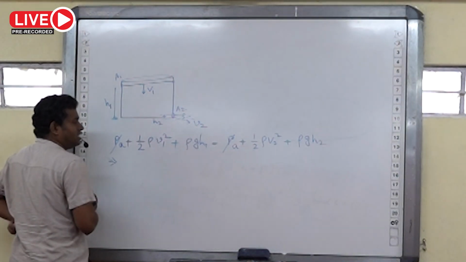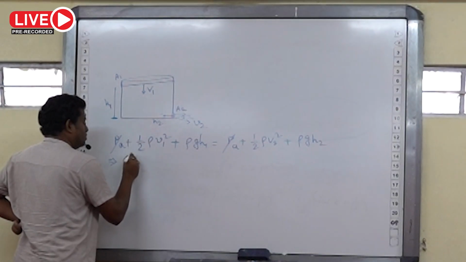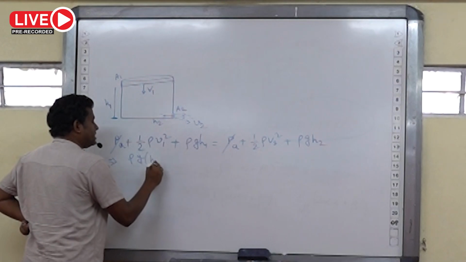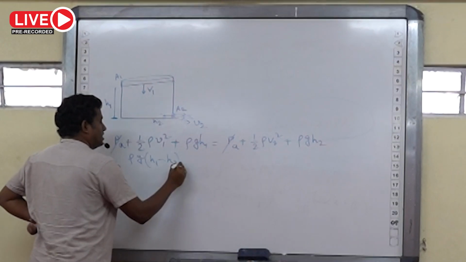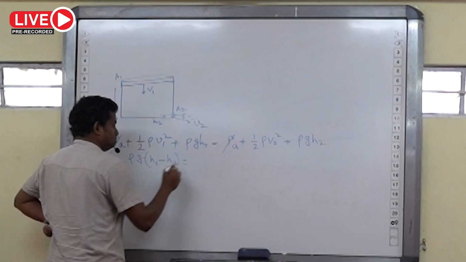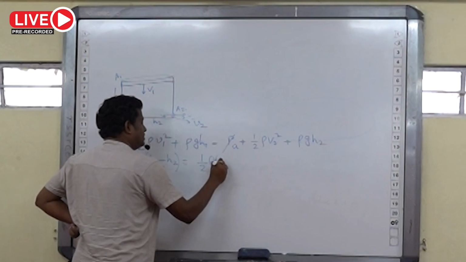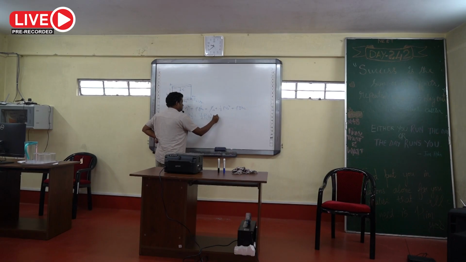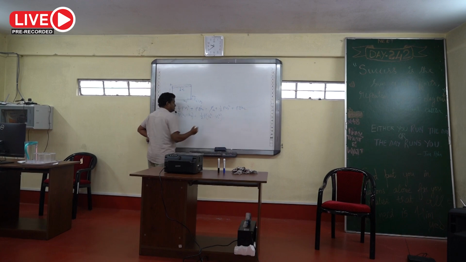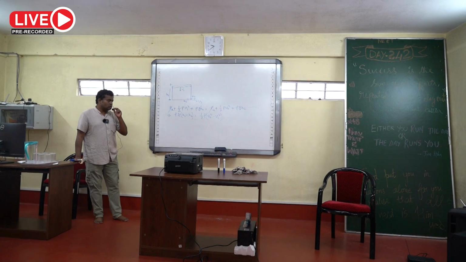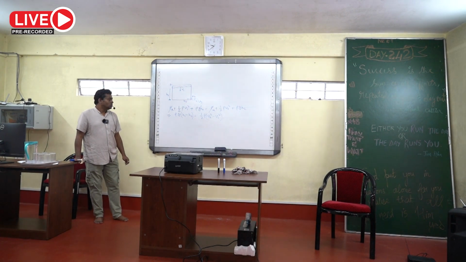Now we want to write here rho g (h1 minus h2) equal to half rho (V2 square minus V1 square).